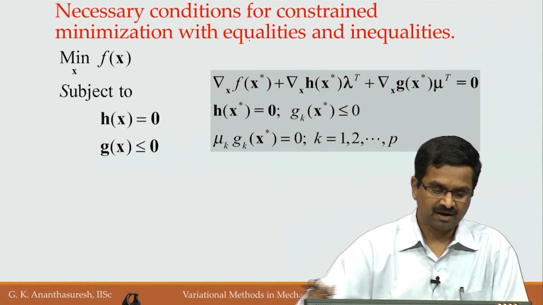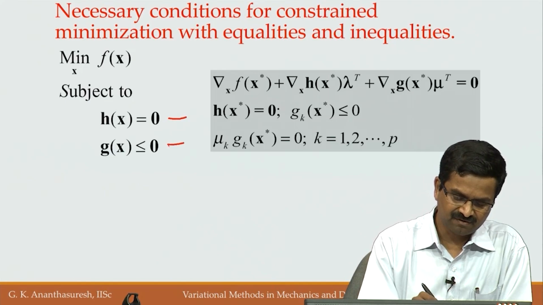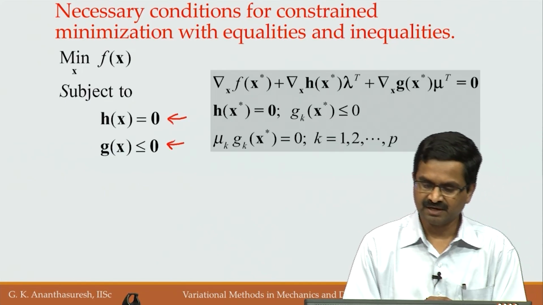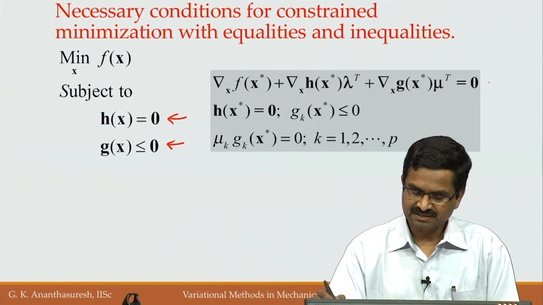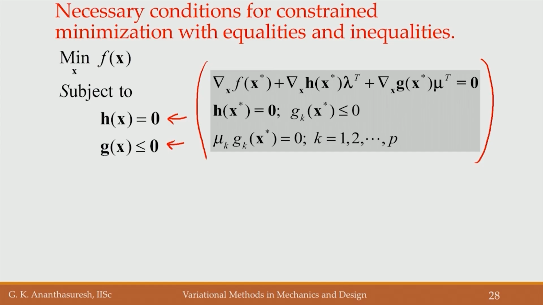Now let us put both back together. When we have equalities and inequalities as shown here, then we write our necessary conditions in this manner. Let us see this carefully. The first one here says the objective function gradient is a linear combination of the equality constraint gradients, which we already discussed. Now, we took the liberty of writing it for the inequalities also by defining these mu's.